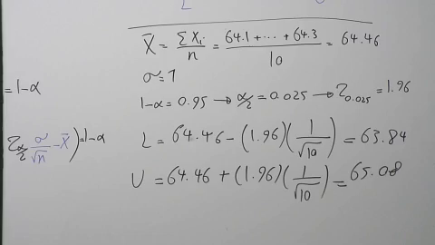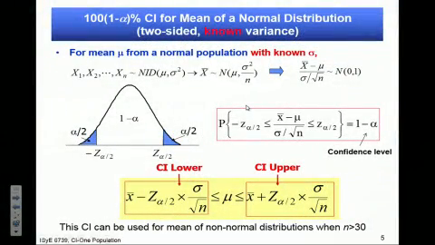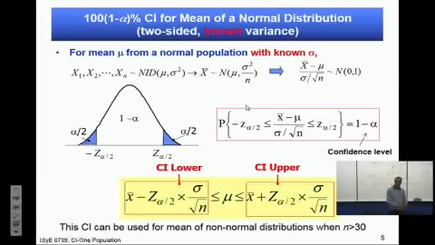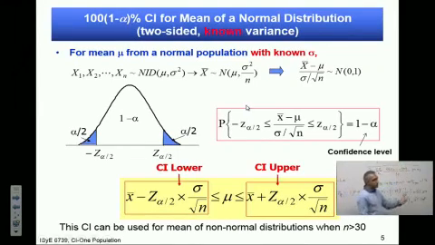Can anybody tell me what is the interpretation of a 95% confidence interval? How can I interpret that confidence interval? Can I say the probability of mu between these two numbers is 1 minus alpha, or something else?